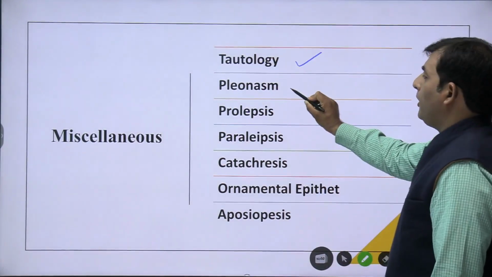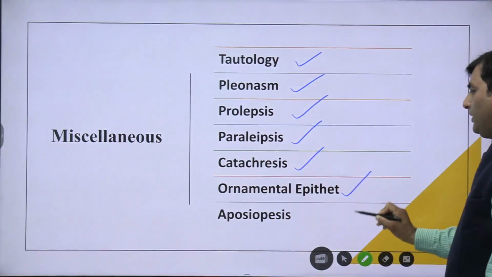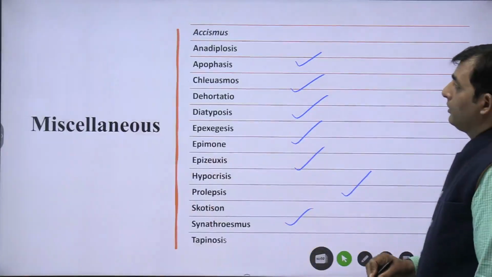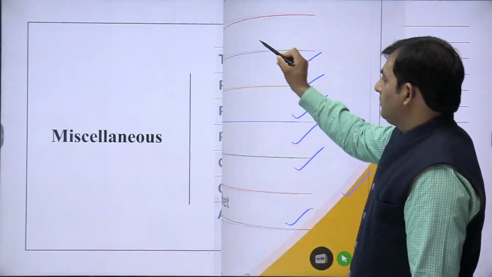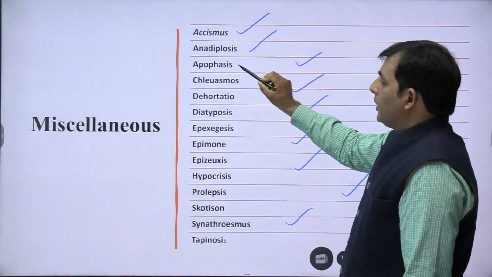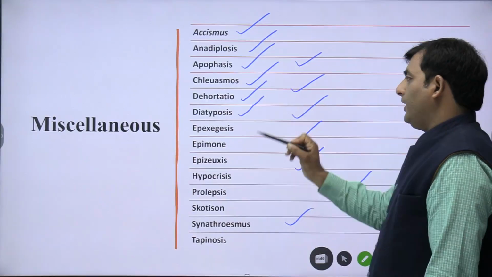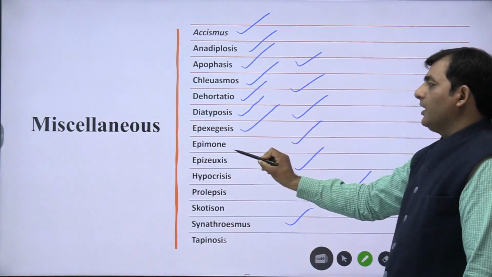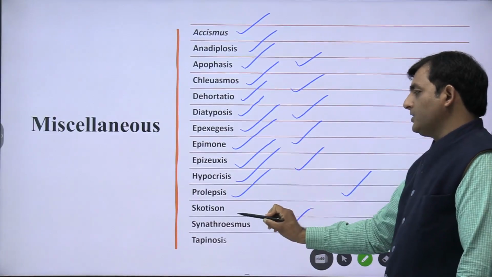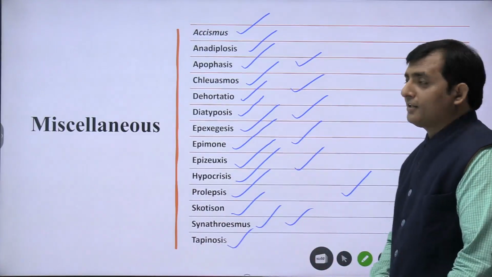Tautology, pleonasm, prolepsis, paralepsis, catachresis, ornamental epithet, aposiopesis, and echismus, anadiplosis, apophasis, diatyposis, epimone, hypocrisis, scoticin, and synathroesmus, tapinosis. Right?